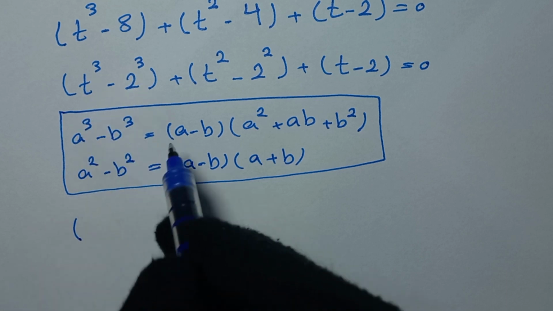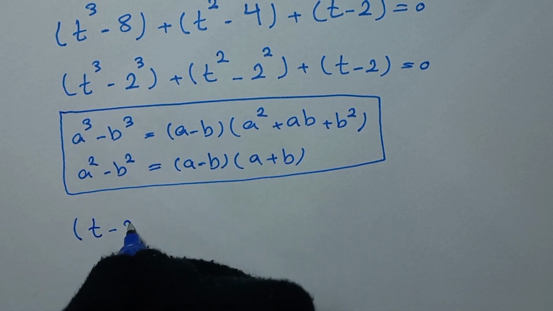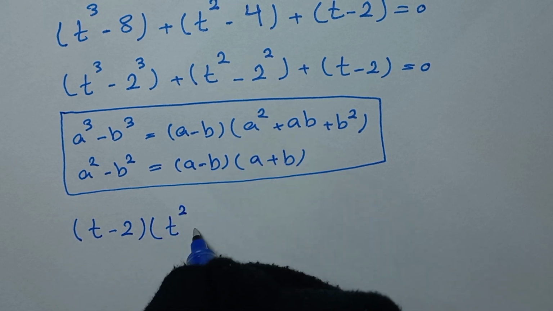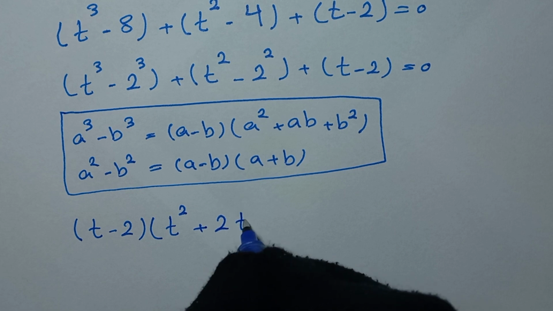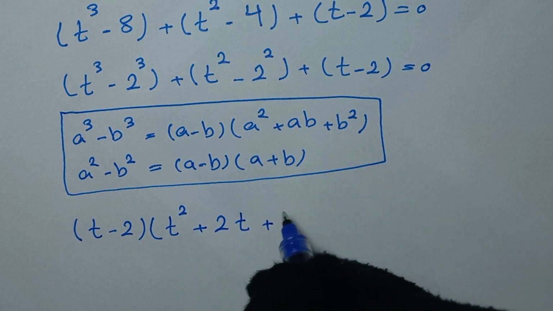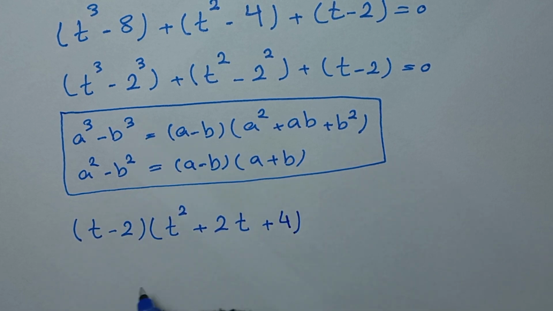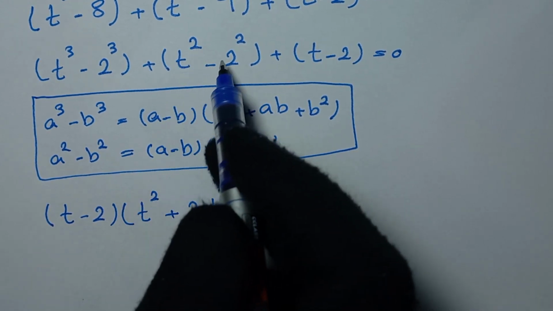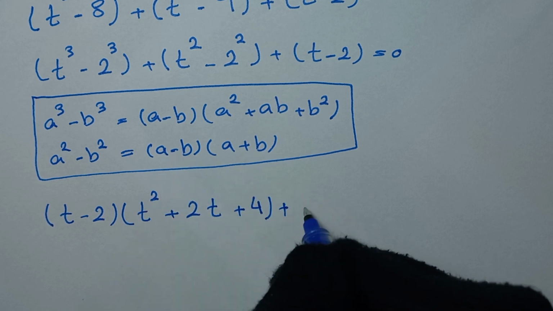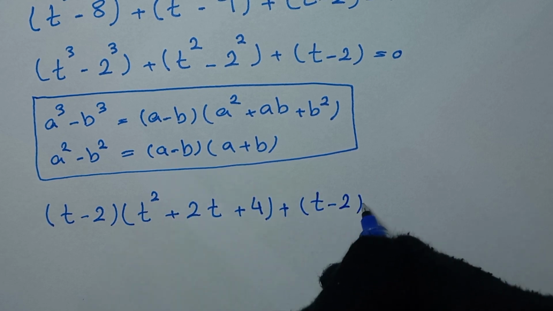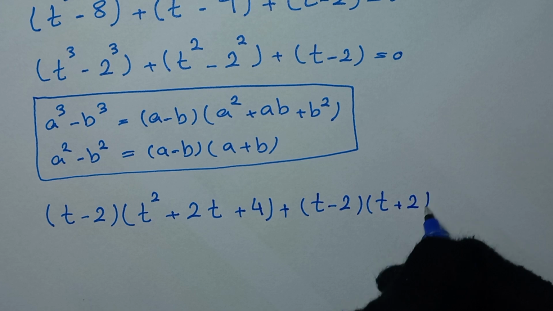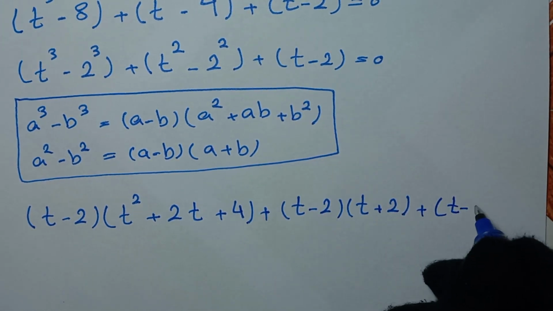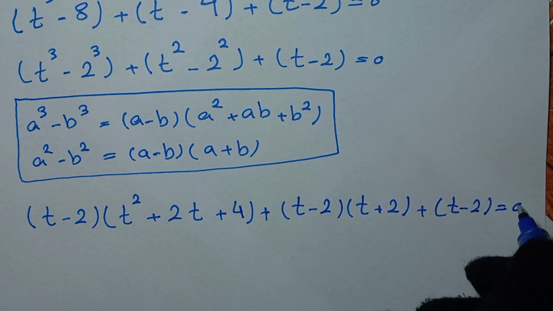We can write this as a minus b, so it will be t minus 2 times a square, it will be t square, plus ab plus 2 times t, and plus b square, it will be 2 square is 4. And plus, here we have t square minus 2 square, we can write this in this form, and it will be t minus 2 times t plus 2, and here we have t minus 2, so plus t minus 2 is equal to 0.